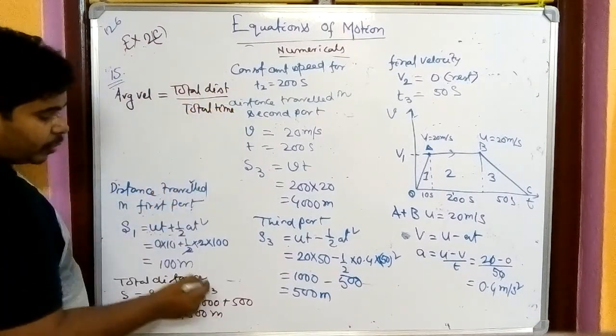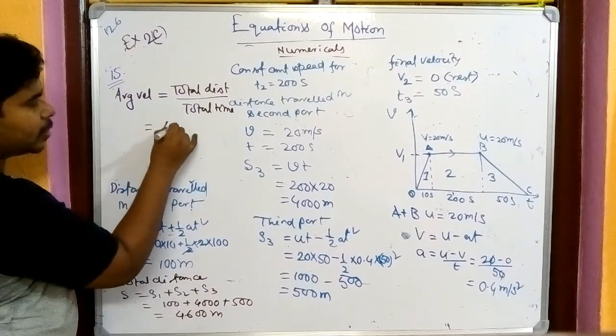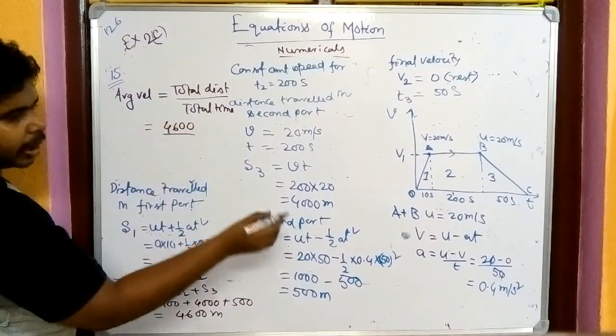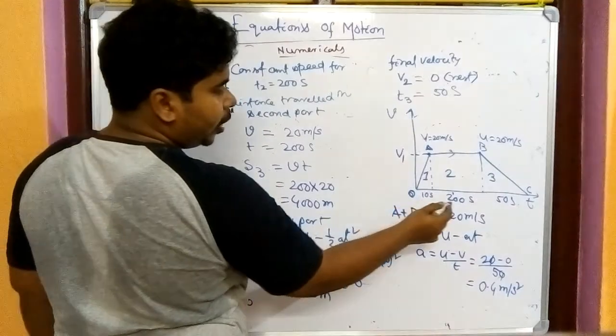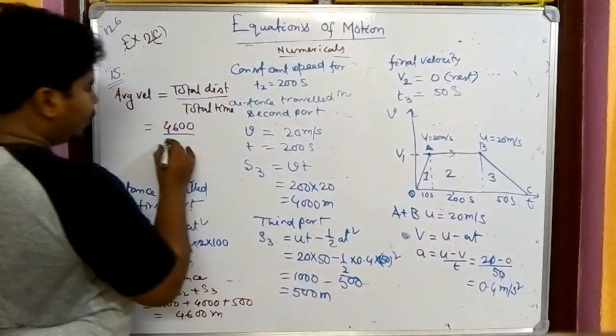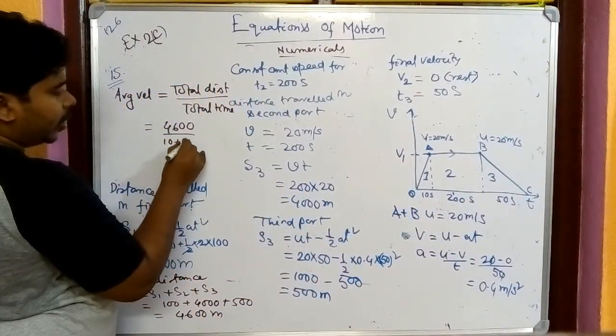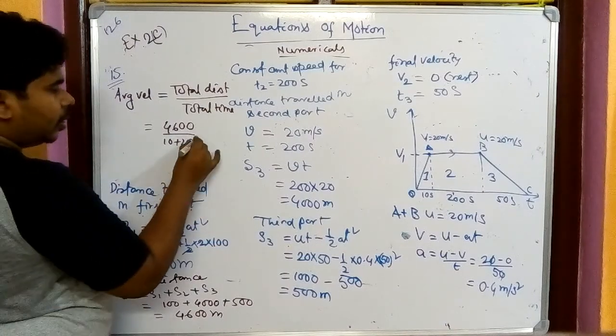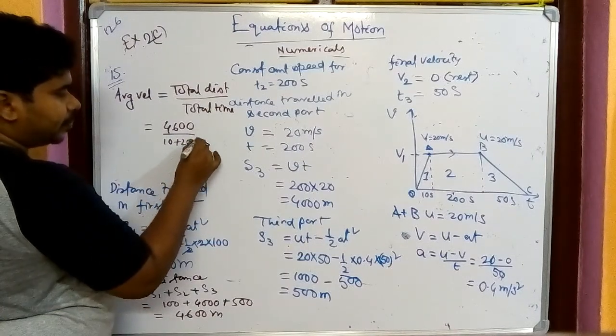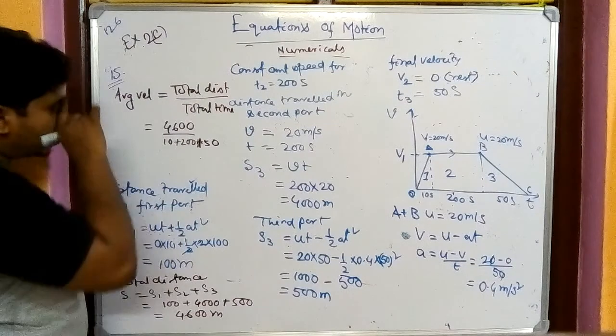The total distance we have found is 4600. Total time we have seen is 10 plus 200, sorry, plus 50. So it is 260.